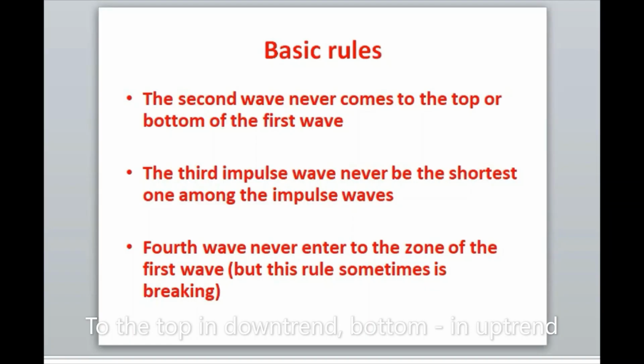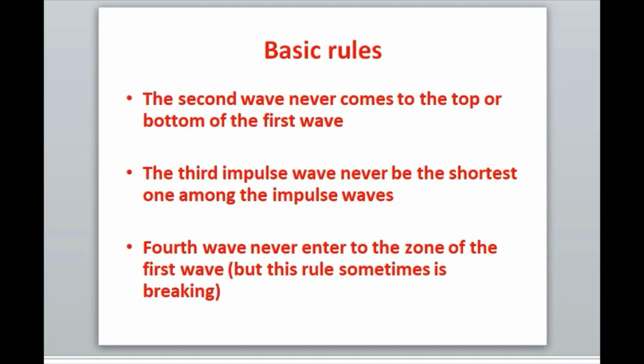The third impulse wave is never the shortest one among the impulse waves, and the fourth wave never enters the zone of the first wave. But I would like to tell you that during my practice, all three rules were broken. But anyway, you have to look for such things as exceptions, not the regularity.